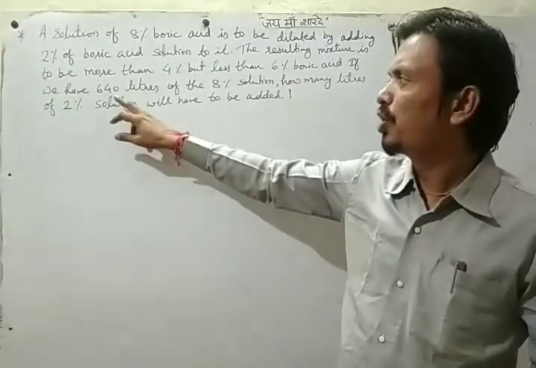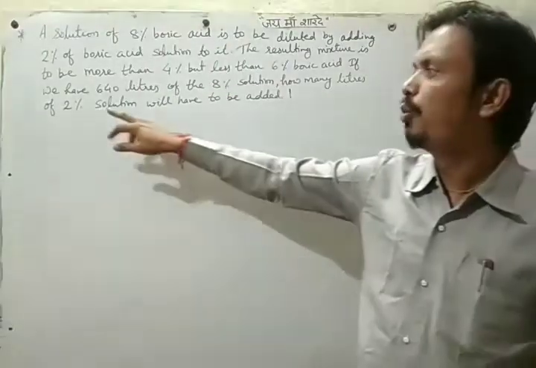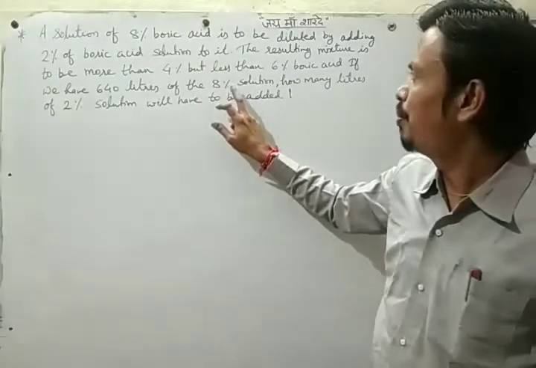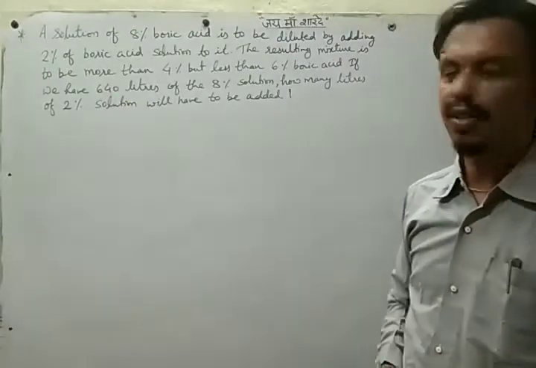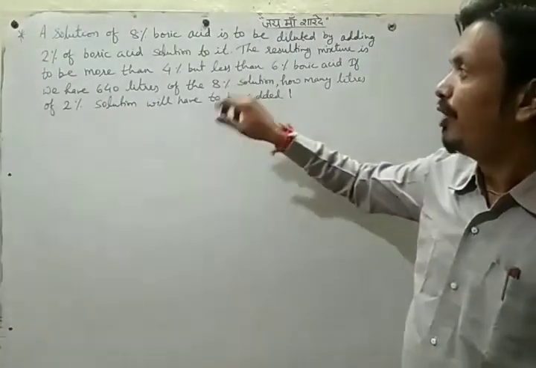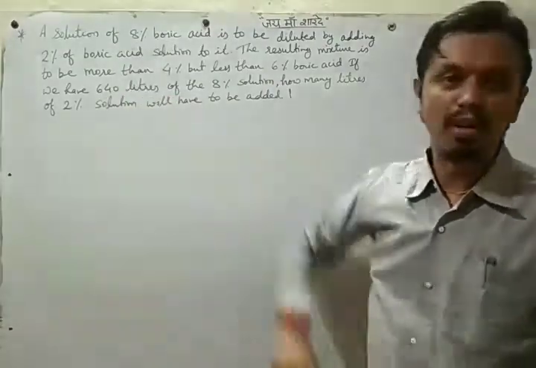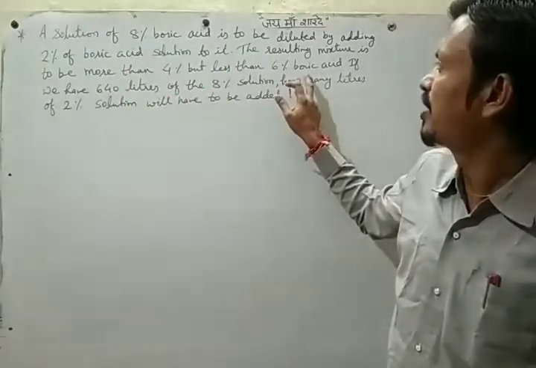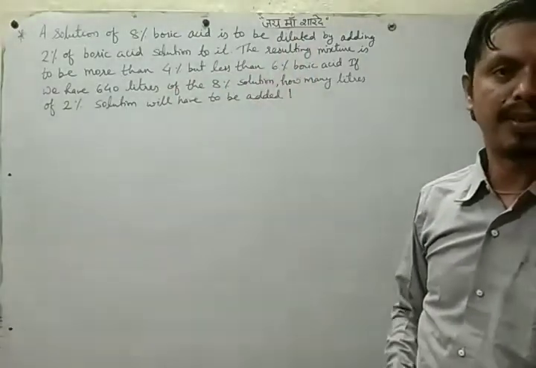So if we have 640 liters of the 8% solution, how many liters of 2% solution will have to be added? We have been given 8% boric acid of 640 liters. How many liters do we have to add of 2% solution of boric acid, so that our resulting boric acid will be more than 4% but less than 6%?